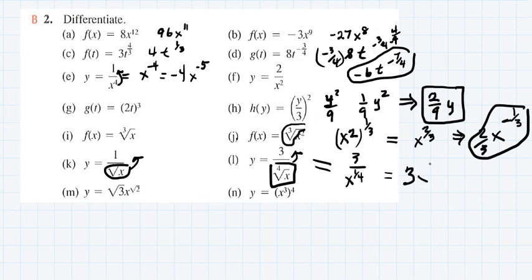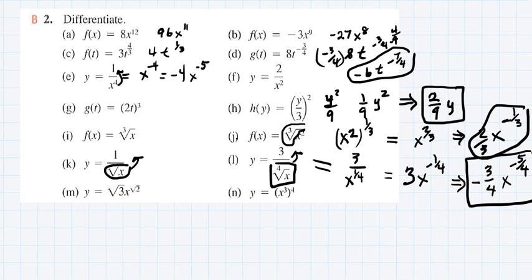Yeah, 3x to the negative 1/4. So now I'm good to go. I can just do my power rule. So the derivative now is negative 3 over 4 x to the power of negative 1/4 minus 1, negative 5 over 4. Beautiful. There's your answer.